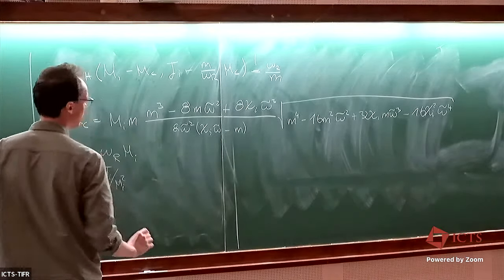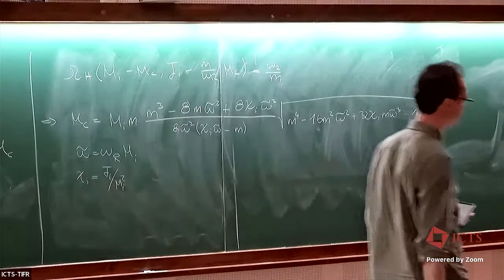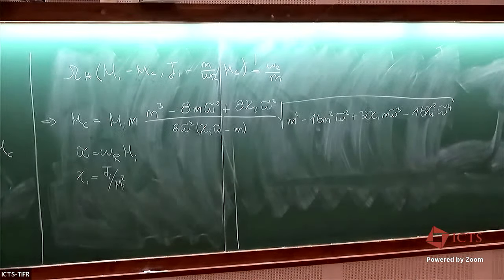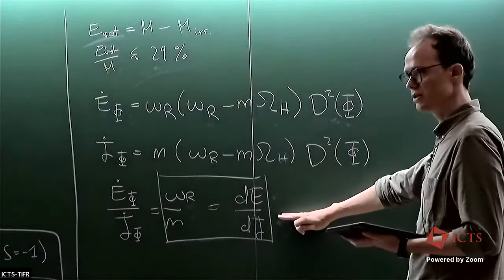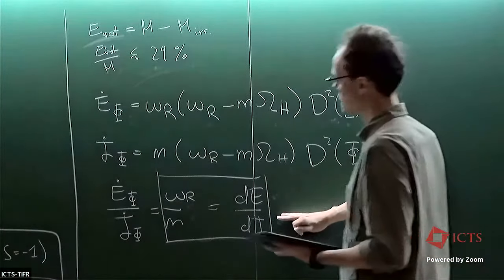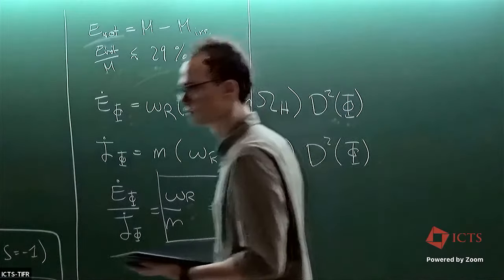So now what we were able to do is we started out with some linear solution to the Klein-Gordon equation that started extracting energy from the black hole. And by understanding exactly how this energy and the angular momentum are extracted, we were then able to write down a ratio between the two.